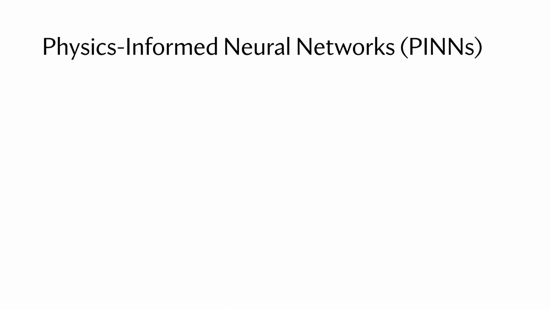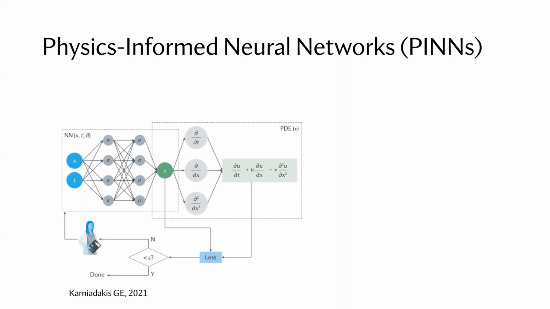To solve this objective function, physics-informed neural networks, abbreviated as PINNs, are the best candidate. They leverage the universal approximation ability of deep neural networks to estimate the solution of the PDE by encoding the inverse problem into the loss function.